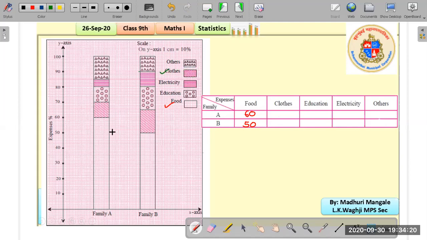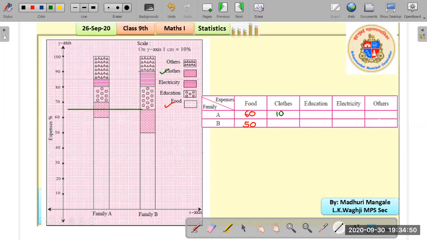So let us start with the clothing part for family A. Now if you look at the distance, we need to check what is the height of this part. So clearly, if you try to map it on y-axis like that, the height is from 60 to 70, that is 10. So we fill in the data to be 10% for family A, and let us check what is the percentage for family B.